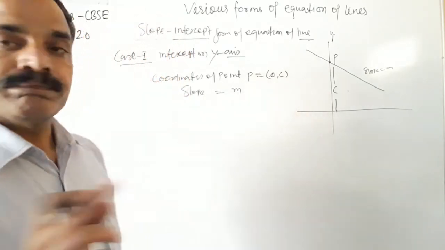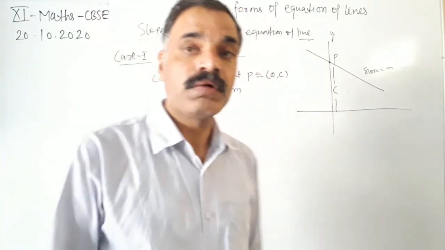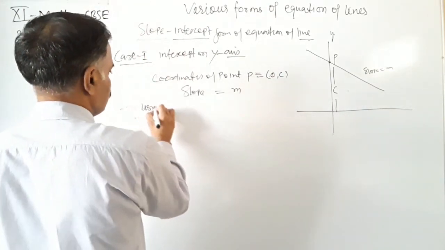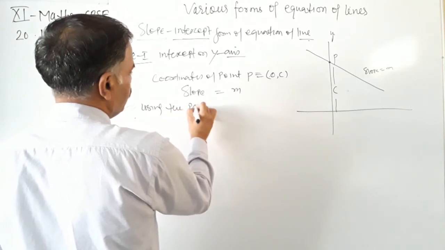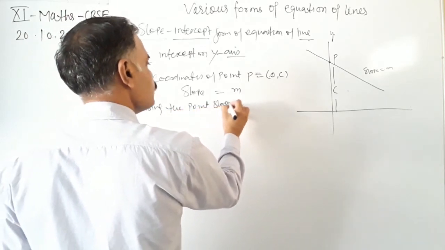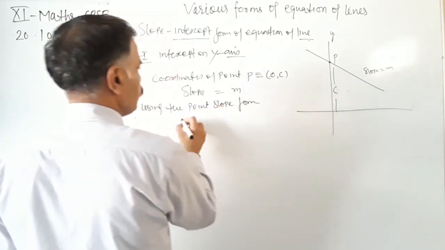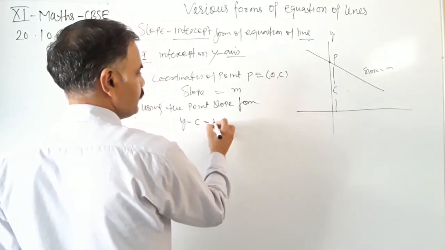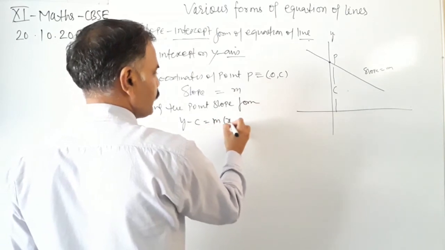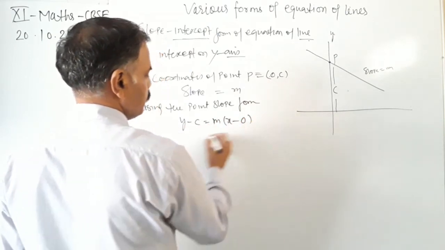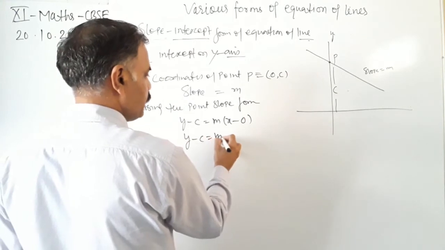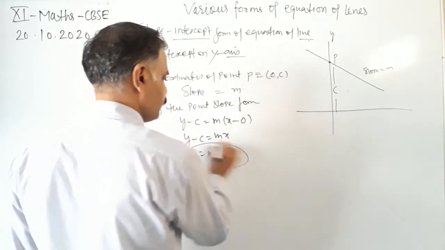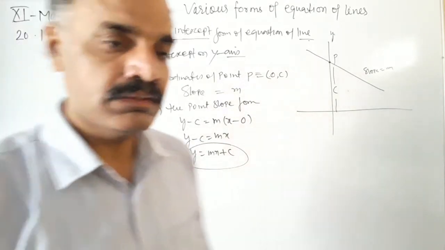Now using the point slope form again to find the equation of the line, y minus y1, that is c, equals m into x minus x1, that is 0. So y minus c equals mx, and y equals mx plus c.